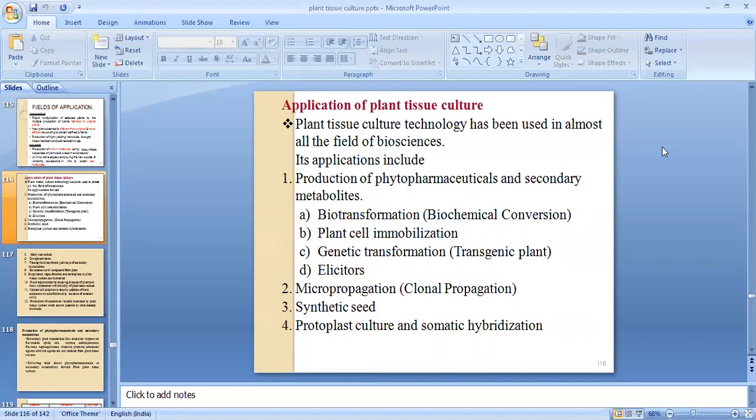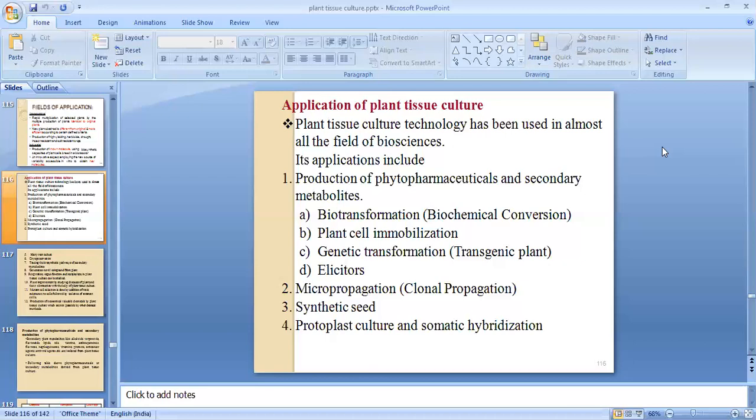One is by biotransformation, otherwise called biochemical conversion. Second is by plant cell immobilization. Third is by genetic transformation, that is the production of transgenic plants, and also the production of compounds by using bioelicitors.